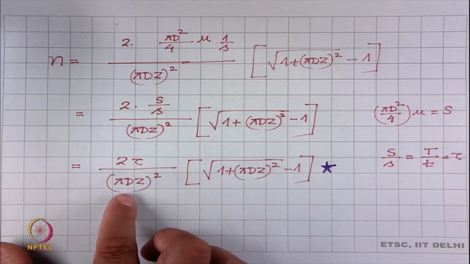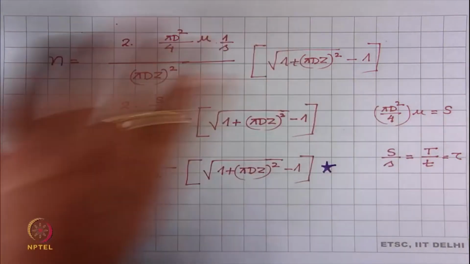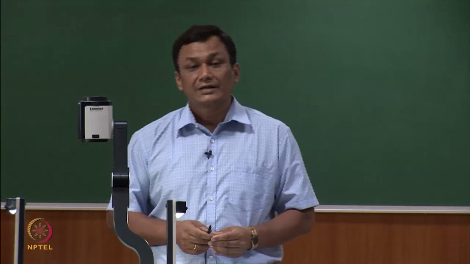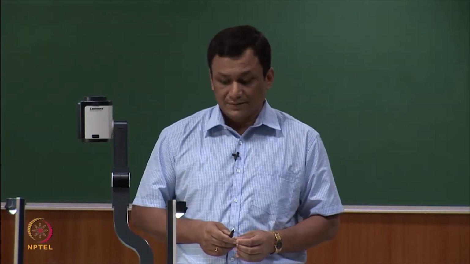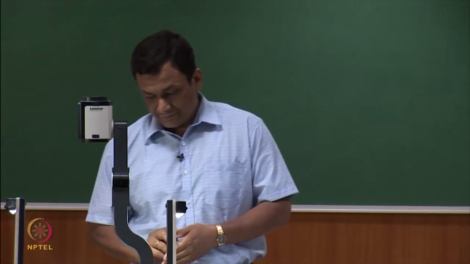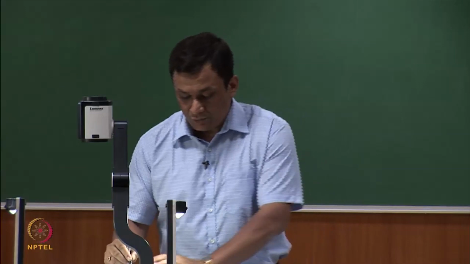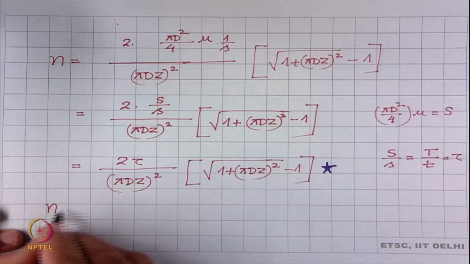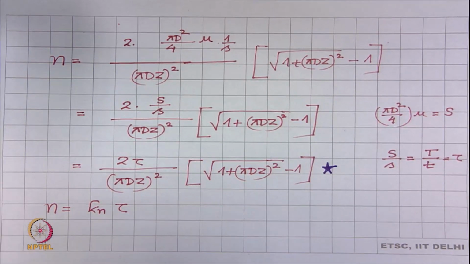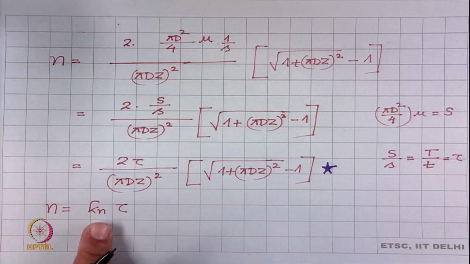So, n is now possible to calculate using this expression. Let us now proceed a little further. This is your n, and what we know, n is k n into tau. This is true always, whether it is a helical model or not does not matter. This expression is true always.